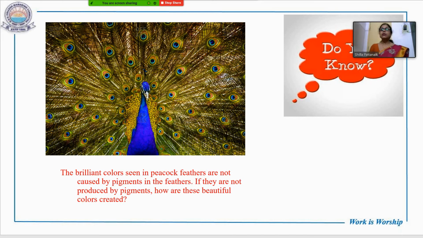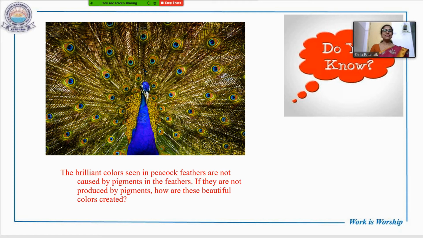Now tell me, you can all see this nice picture, the beautiful peacock with beautiful feathers. Can you tell me what is the reason behind the beautiful color of the peacock feather? Who can say? Interference. Yes, very good.